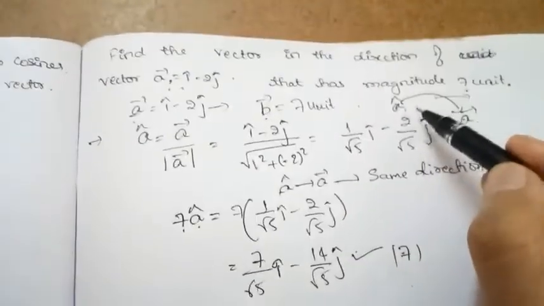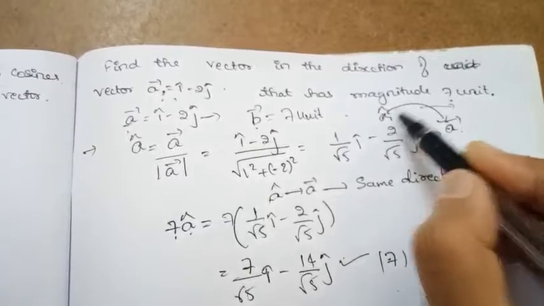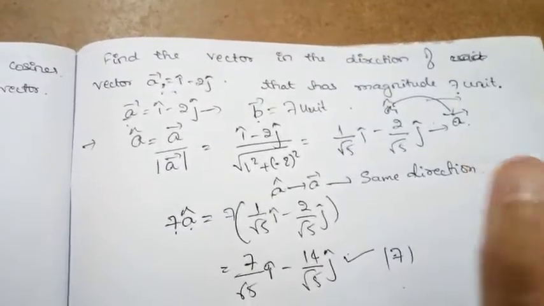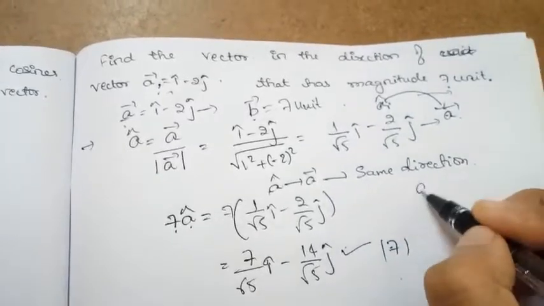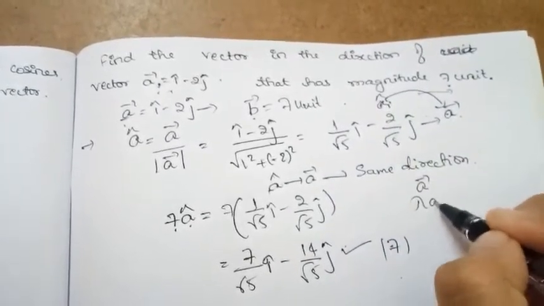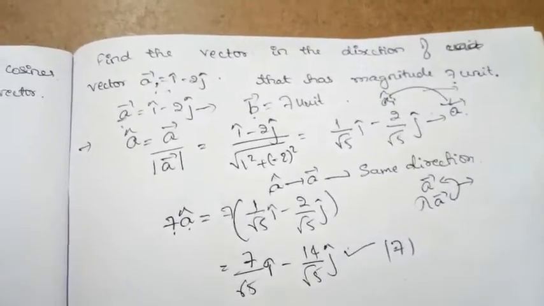We know that vector A and the unit vector of the given vector are both in the same direction. If any vector is in the same direction, then vector A and lambda times vector A are both in the same direction.